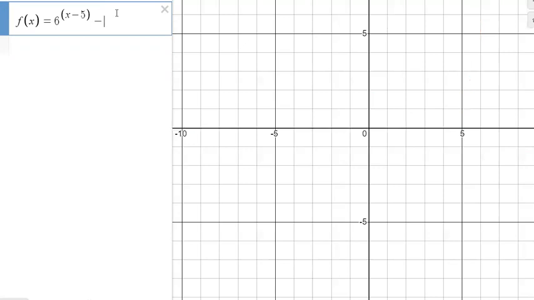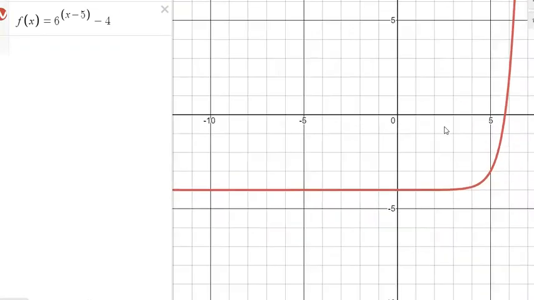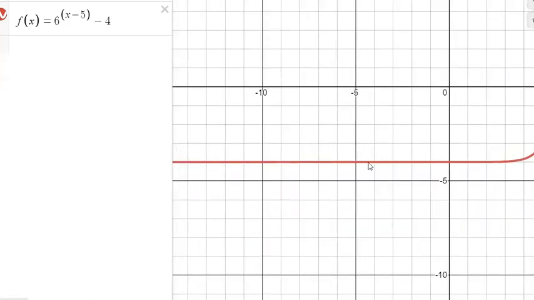And then the last thing that I'm going to do is subtract 4 down below the exponent so it doesn't get confused up here with the exponent. And I'm looking for a horizontal asymptote. So where is the horizontal line that the graph doesn't cross?